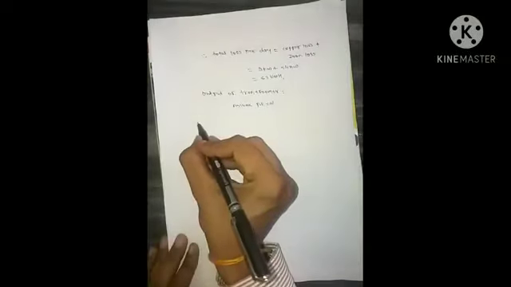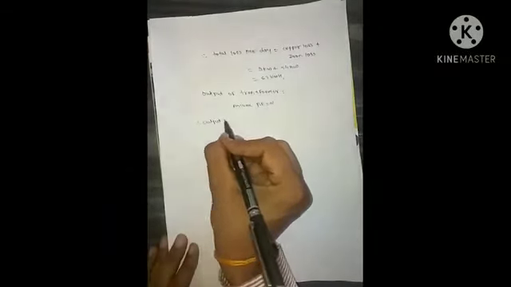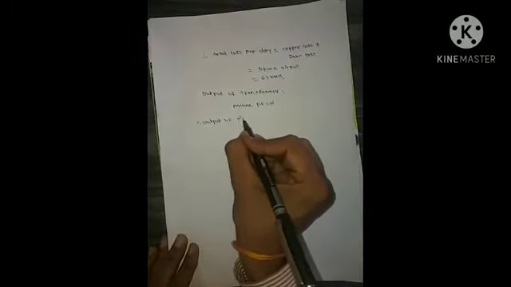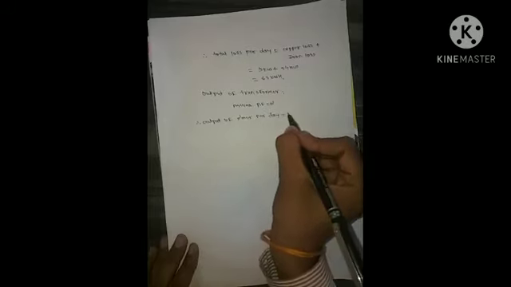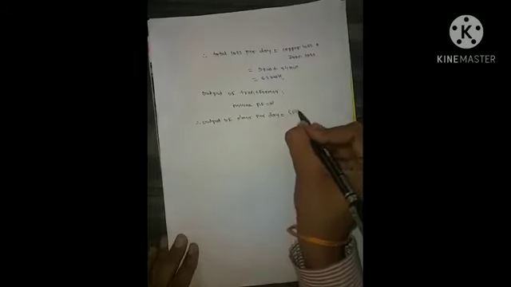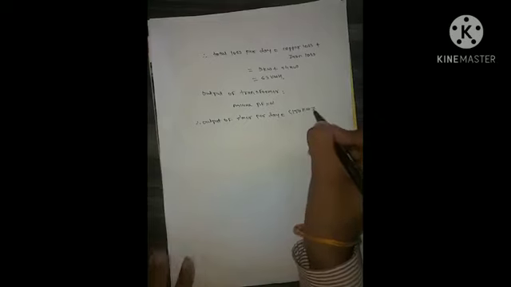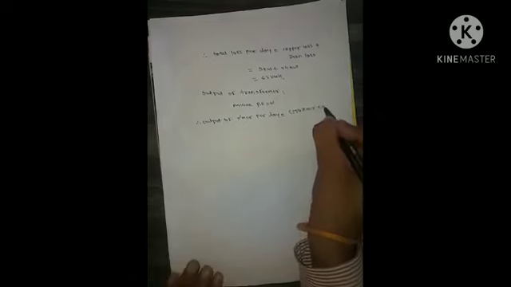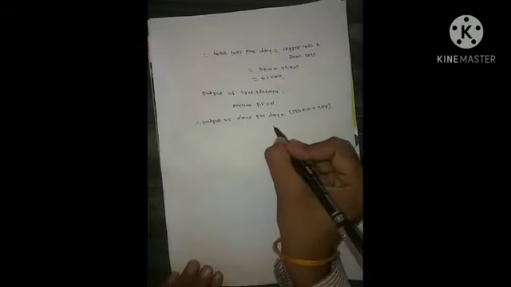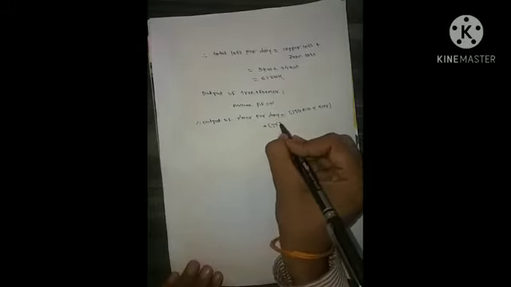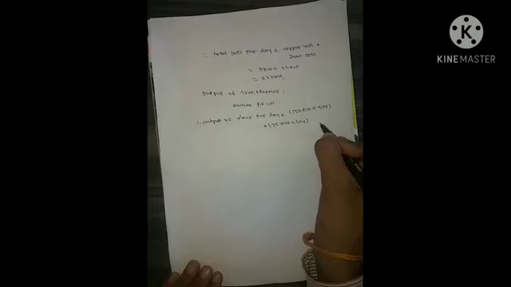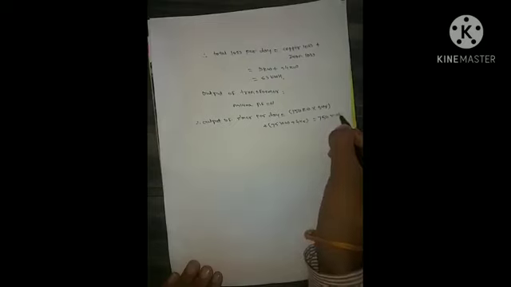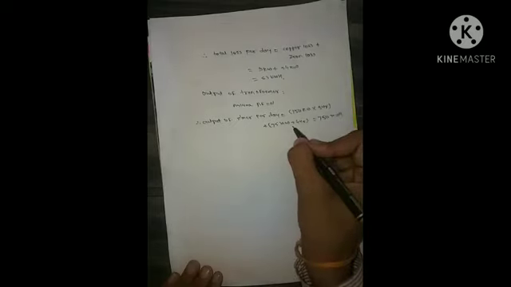Therefore, the output of a transformer per day equals 150 kilowatt into 3 hour plus 75 kilowatt into 4 hour, and the answer is 750 kilowatt hour.